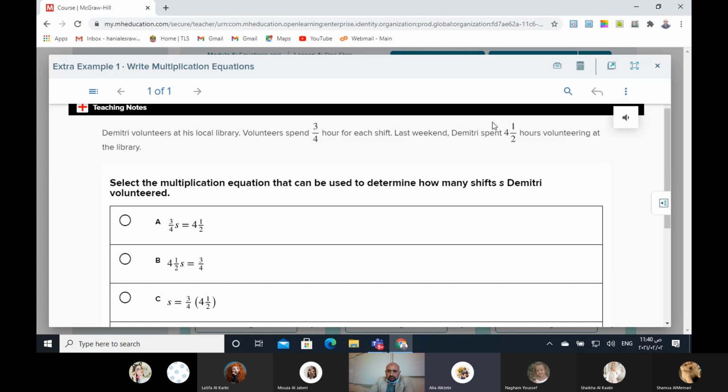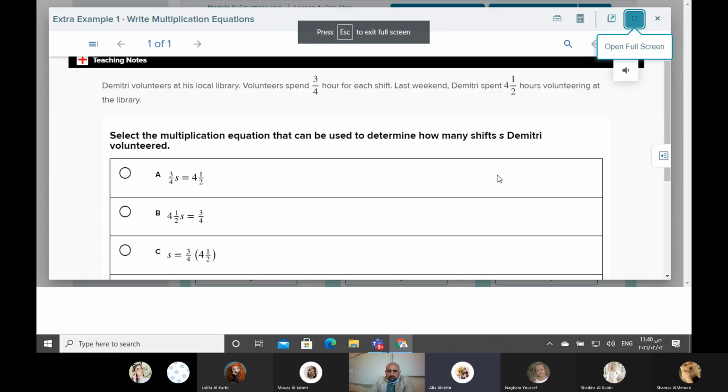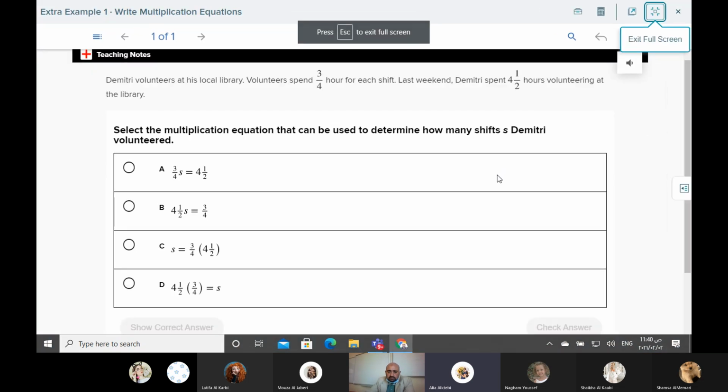Select the multiplication equation that can be used to determine how many shifts Demetri volunteered. Thank you, great. I want all of you to read it again.